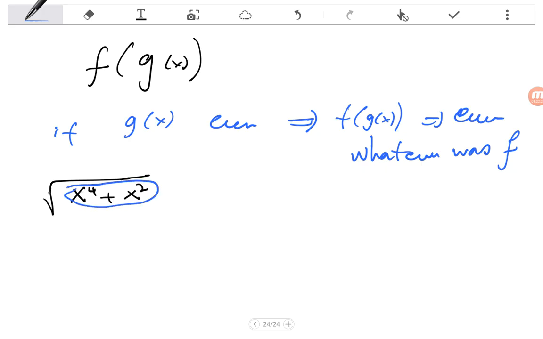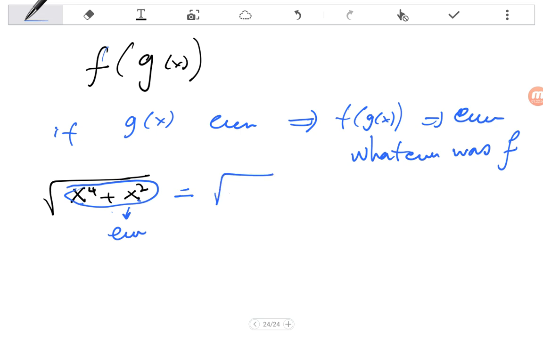This is a function inside the root. So I may see this function as a root. The outsider function is f, and the insider function is this function. What is this function? Is it even or odd? It is even plus even, which will be even. So that insider function is even.